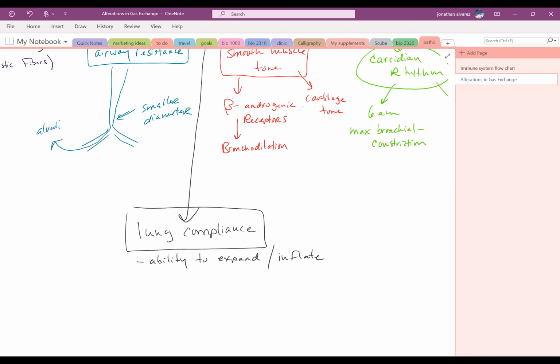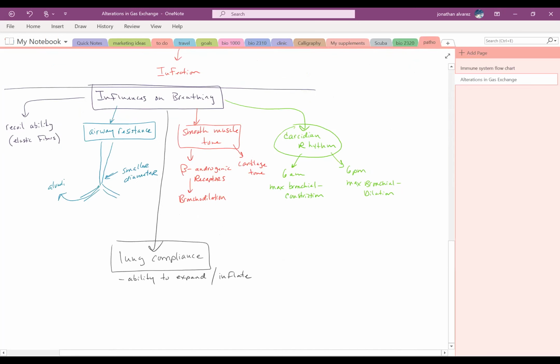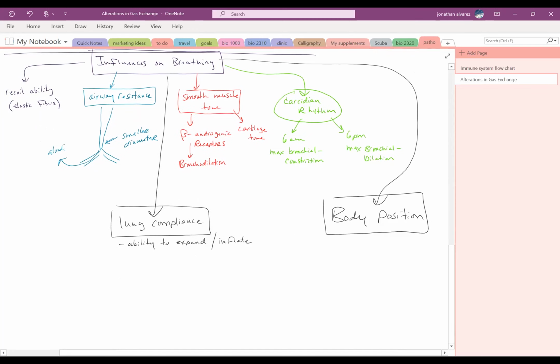Okay, and then another one would be body position. Okay, so upright versus supine. Supine is like you're laying on your back or some sort of recumbent position. Meaning some form of laying down.